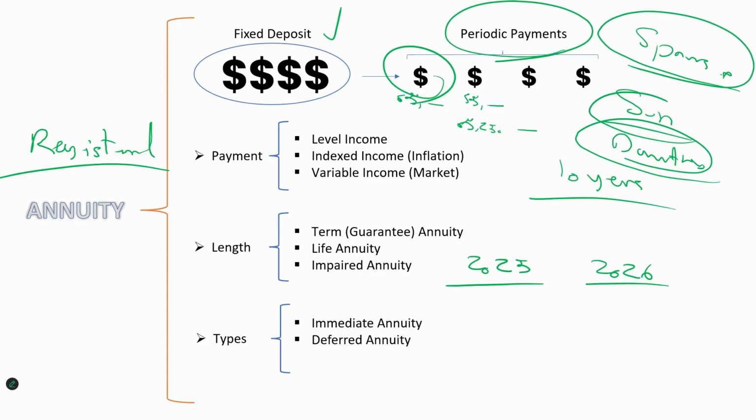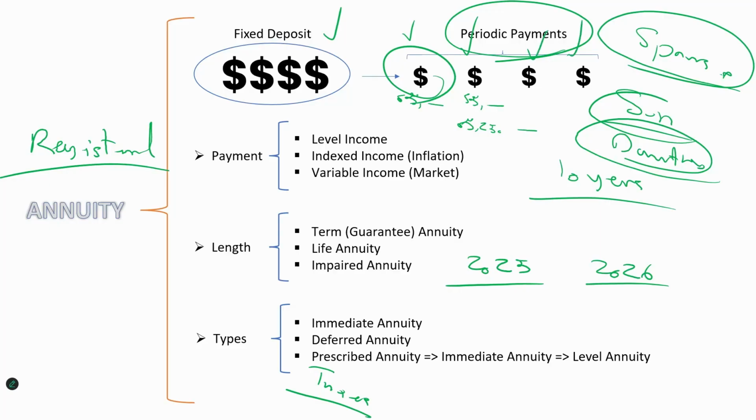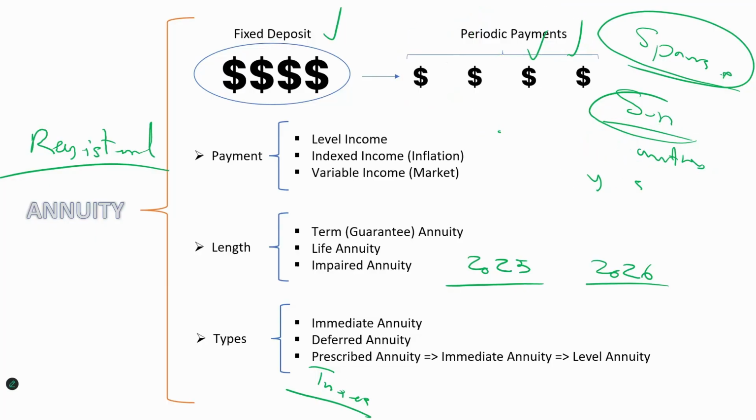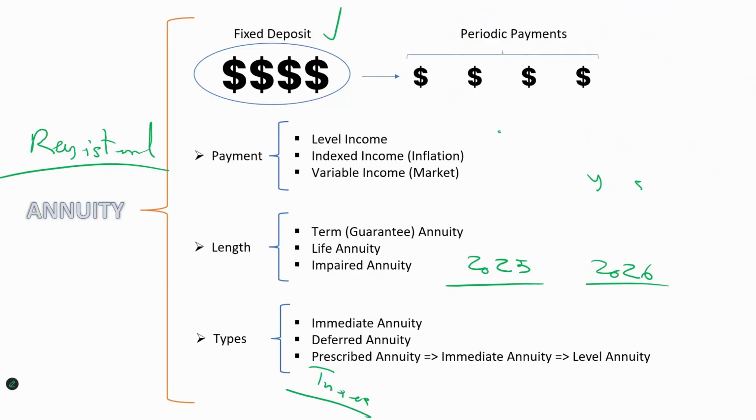The third type of annuity is a prescribed annuity. And a prescribed annuity means what? It means that you will decide to pay the taxes in the first year. So if I want to pay the taxes on the gain, because I'm eventually going to make money out of this, right? I'm not that dumb that I'm basically going to be giving, let's say, a lot of money as a lump sum, and then just decide to get the same amount of money periodically.